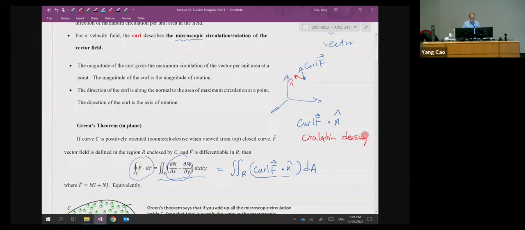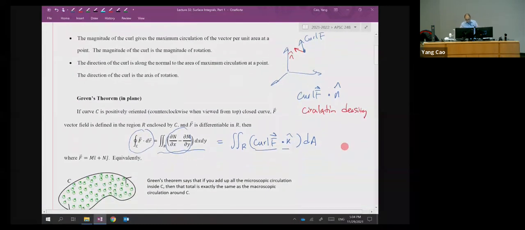Now when you use curl F dot k hat, you get the circulation density in the k hat direction. Because it's a 2D vector field, curl F is just a vector pointing in the k hat direction, the z-axis direction.